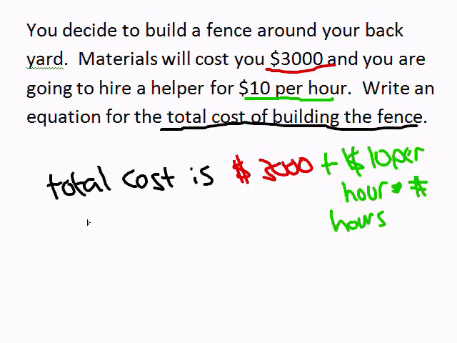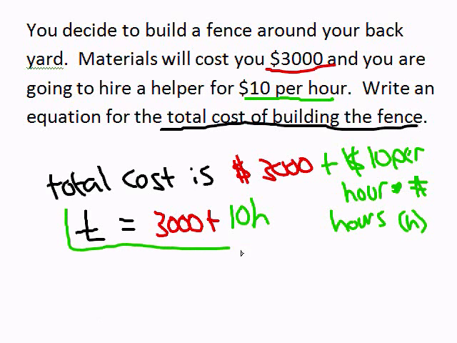I'm going to call the total cost T, which is equal to the $3,000 plus the $10 per hour times the number of hours. So I'm just going to go 10H, and H is going to stand for the number of hours. And there we go, we've written an equation for the total cost of building the fence.